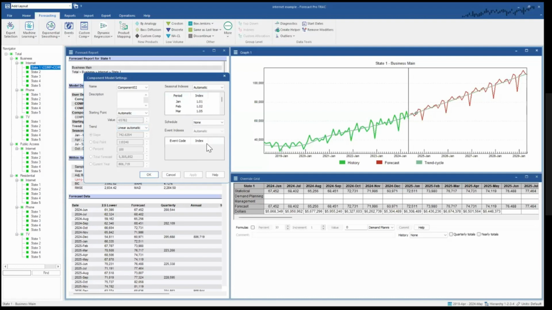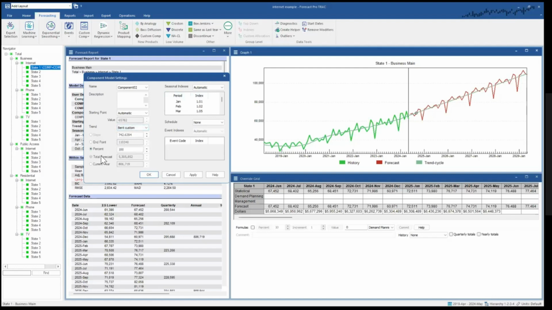The concept is that I want to change one or more of the components. Let's say I look at that trend and say it's too aggressive, I want to pull it down. I could do that a bunch of different ways. So I'll choose a different trend. Instead of linear automatic, I'm going to do bent custom. So I want to change this trend.